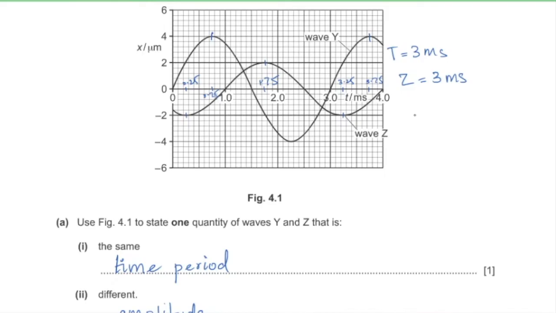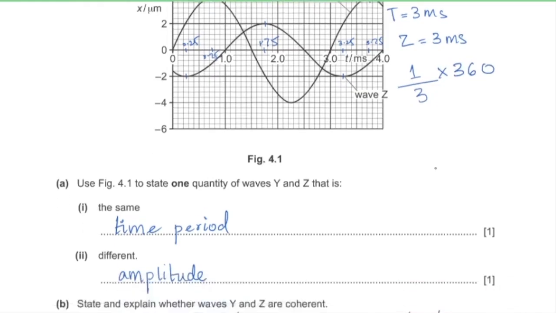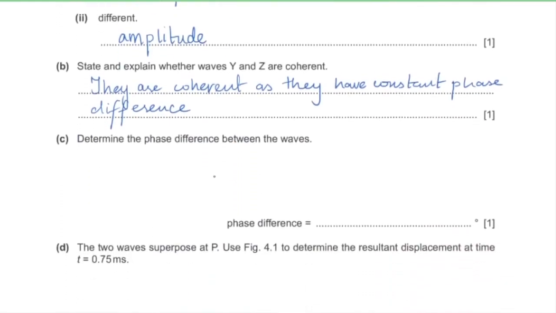And the formula for phase difference is that you divide that difference, 1 millisecond, by the time period of the wave, which is 3 milliseconds, into 360 degrees. And this is how you get the phase difference. So 1 by 3 into 360 degrees, and you get a phase difference of 120 degrees.